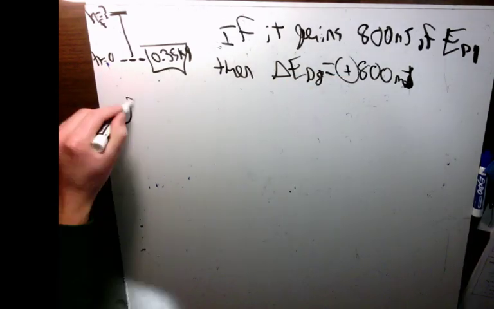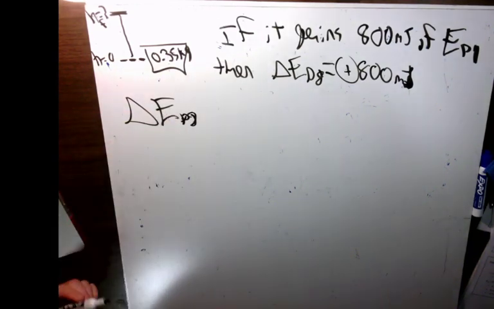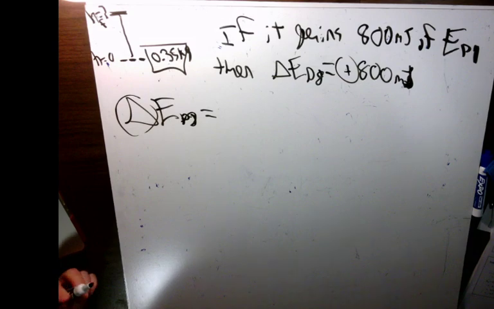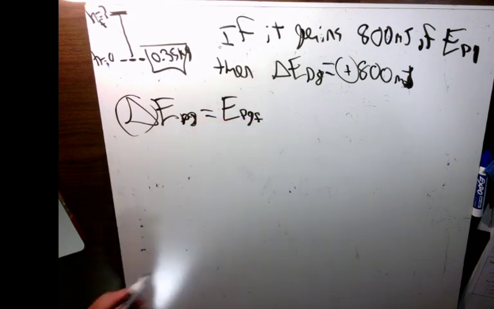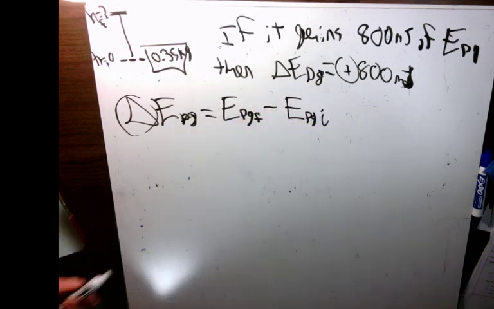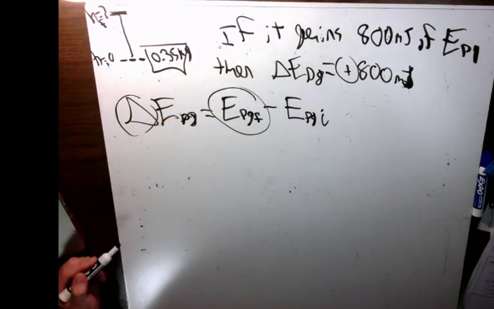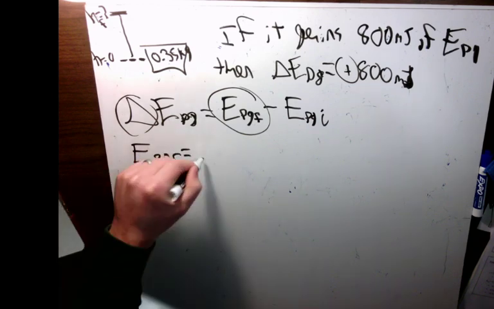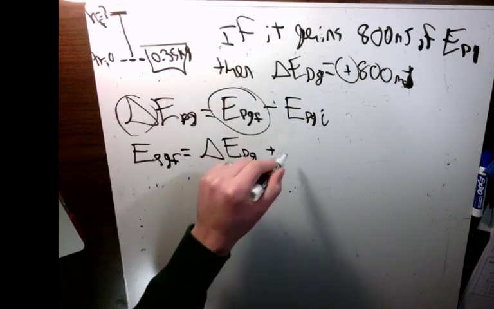All right, we have this change in EPG, gravitational potential energy, which, because we know what that delta sign means, our change, starts with final, EPGF, lots of little subscripts there, minus our initial EPGI. So we're going to rearrange this to solve for our final. So our final gravitational potential energy is equal to the change in gravitational potential energy, and we're going to add our initial.